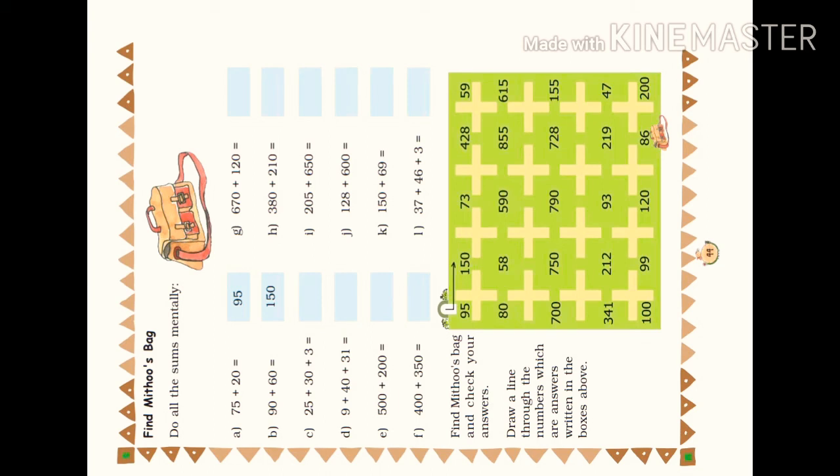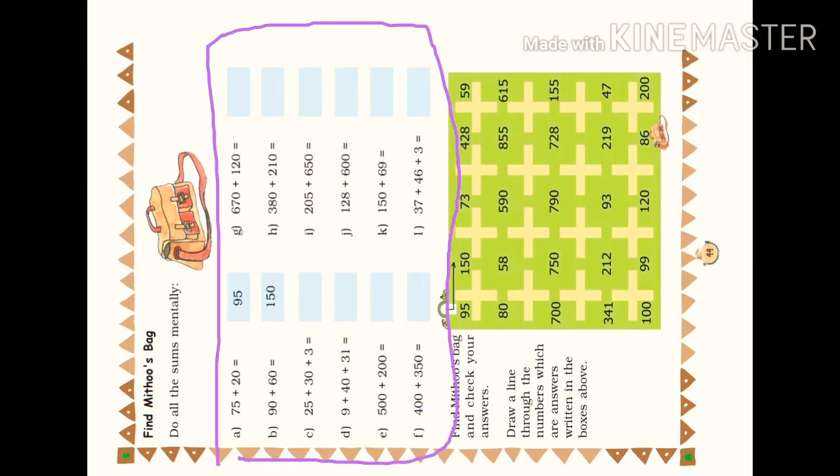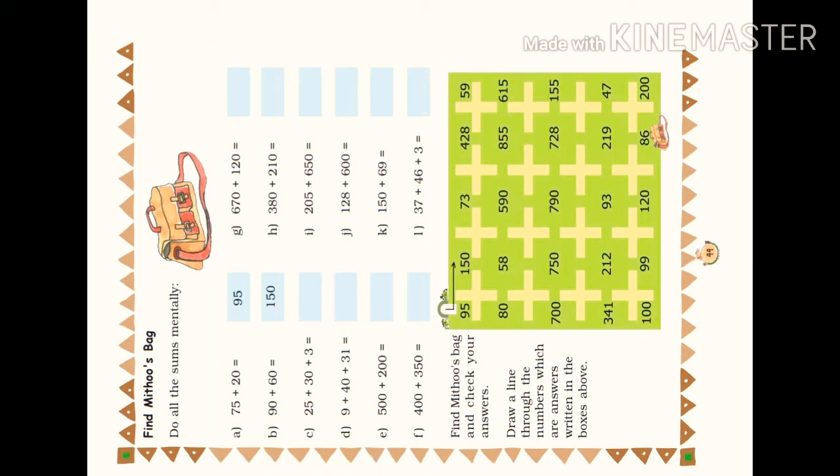How will you reach? By solving all these questions, question A to question L. Then only you can reach. When you solve these questions, you will get the numbers, and that is how you will find a way to reach Mitu's bag.